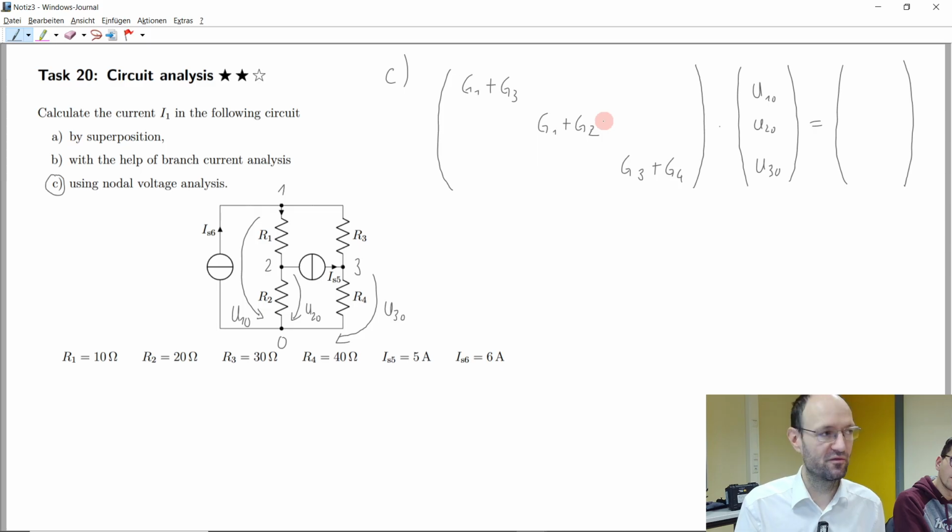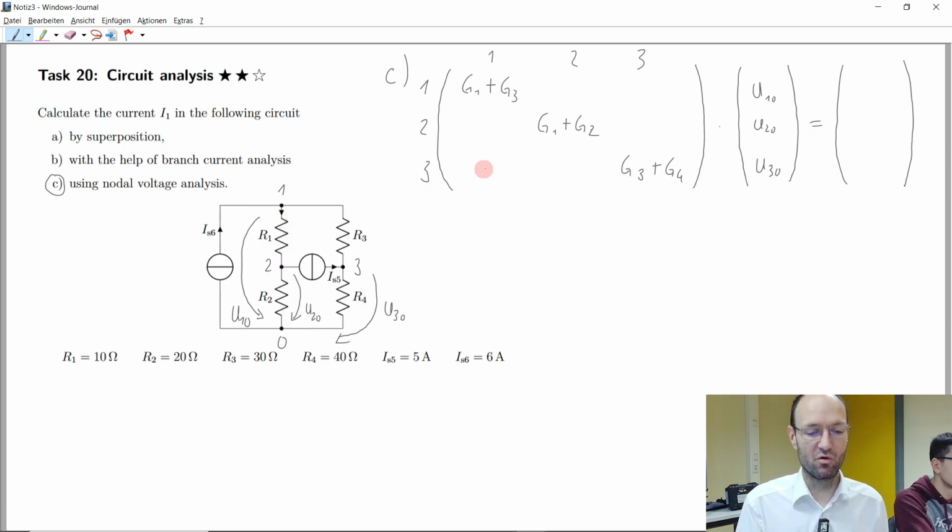Now we have these off-diagonal elements. What was written there? Minus G1 and minus G3. Yeah, so if I number the lines and the columns in my matrix, the position that connects 1 and 2, which is in the first row, second column, or second row, first column, holds the connecting element between these two nodes.